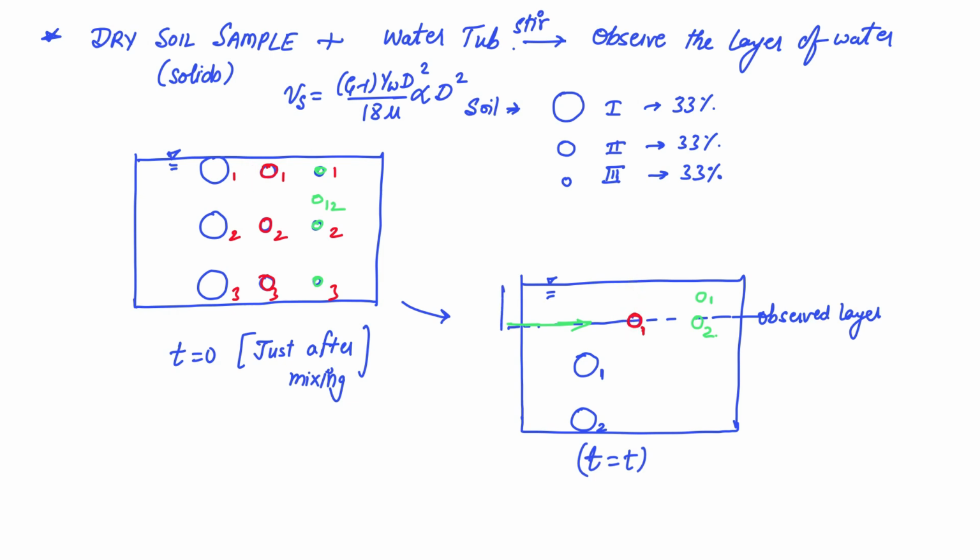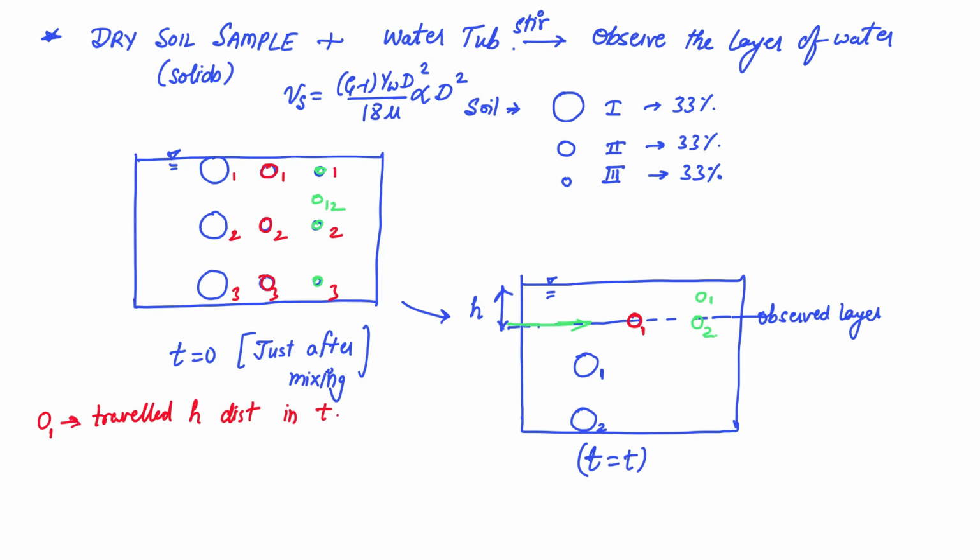And what is this distance? Let us suppose that this is your small h distance. So I can say that this red color intermediate particle has traveled small h distance in time t. Yes or no?